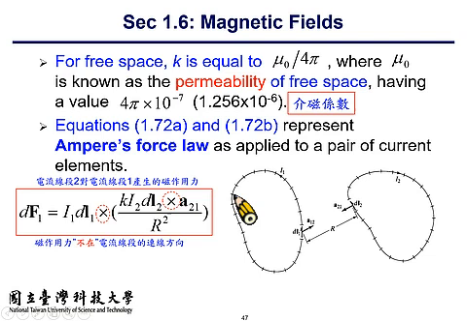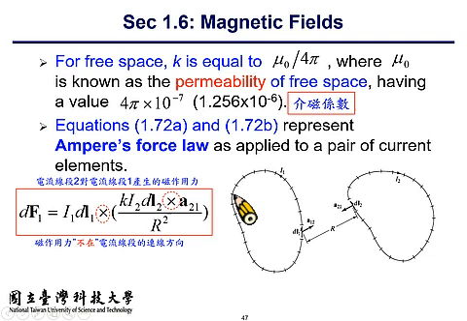This is the permeability of free space, while epsilon sub 0 is permittivity. One is the dielectric constant, the other is the magnetic permeability.